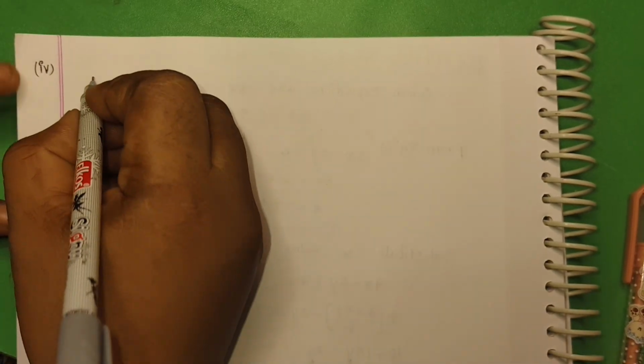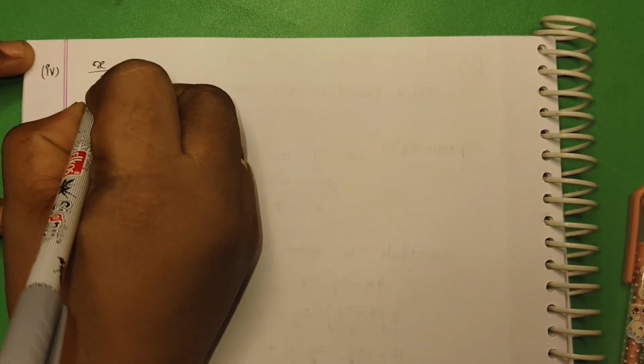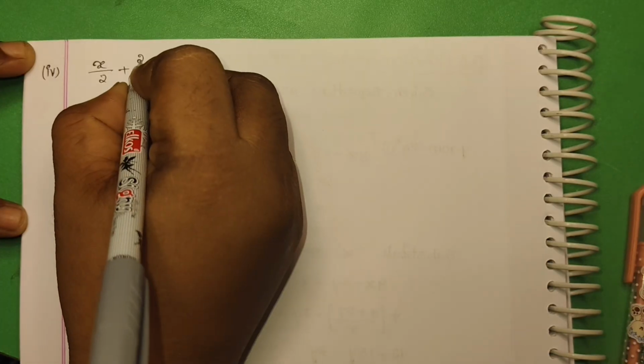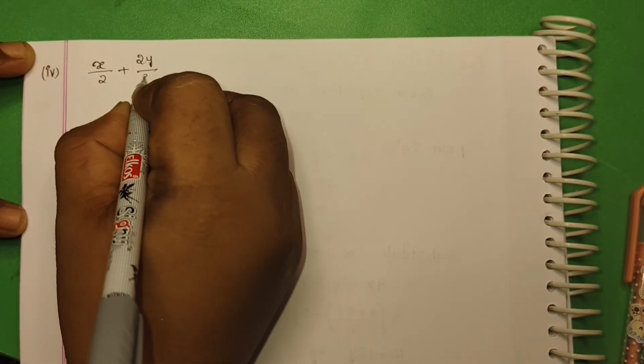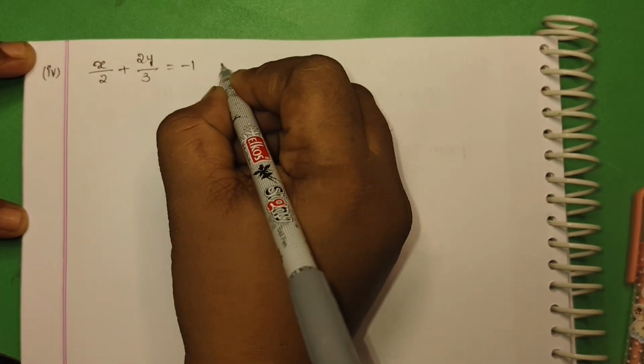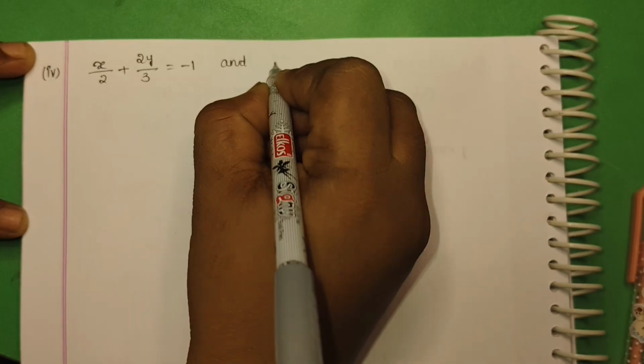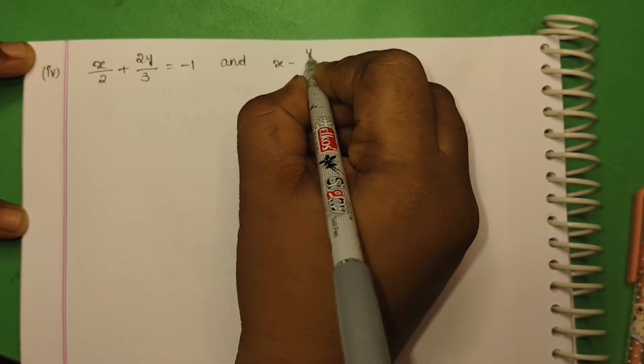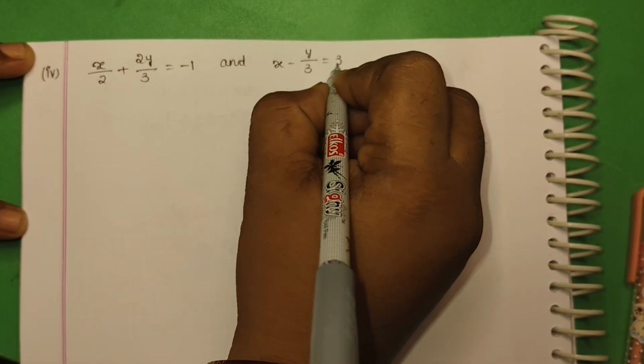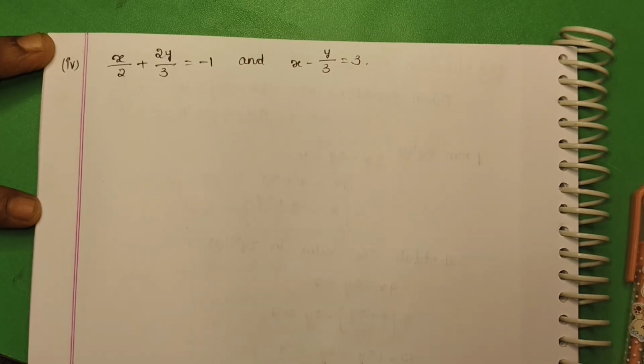In previous problems, the questions had single numbers, like 9, 7. But here the fourth problem is in fractions. So first we have to convert these fractional terms into normal equations, then we have to start the actual process.